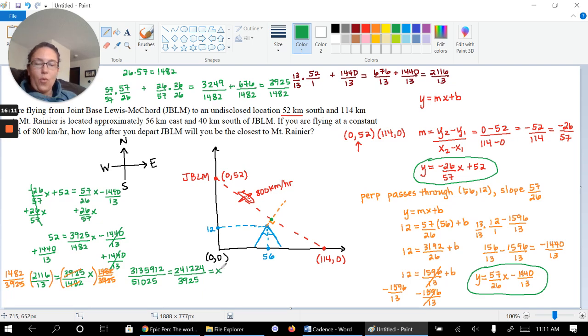Now, what we have found is the x-coordinate of this green point. So this x-coordinate, I'm going to write it in here, 241224 over 3925, comma, and now we need to find the y-coordinate.